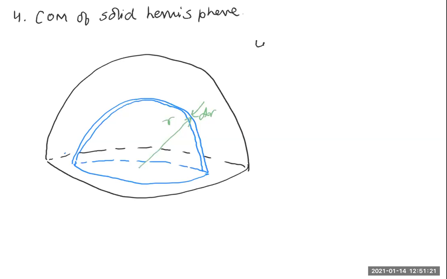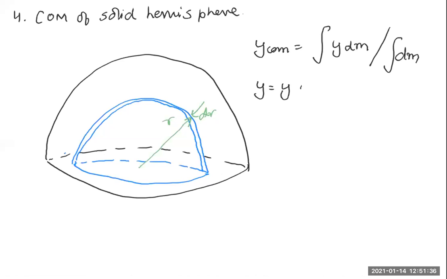So y coordinate of center of mass is equal to integral of y dm divided by integral of dm, where y is the y coordinate of the center of mass of the chosen element.